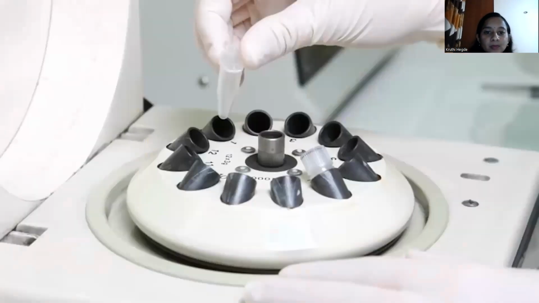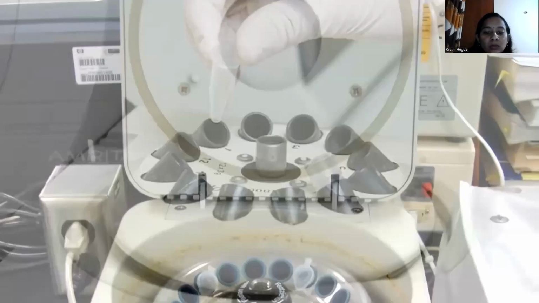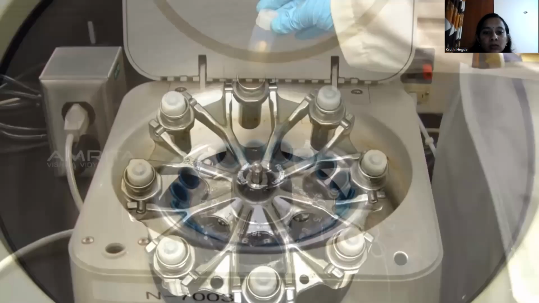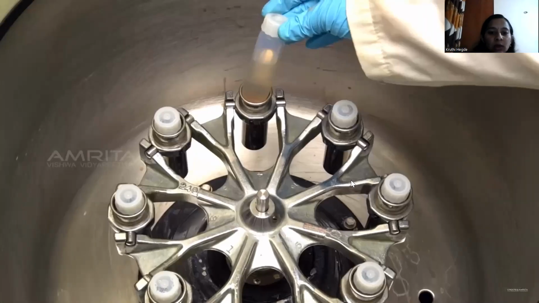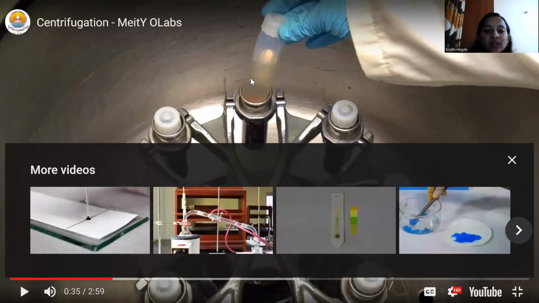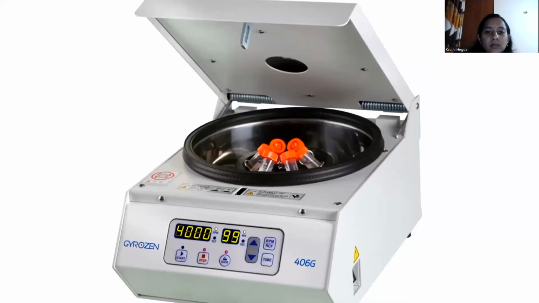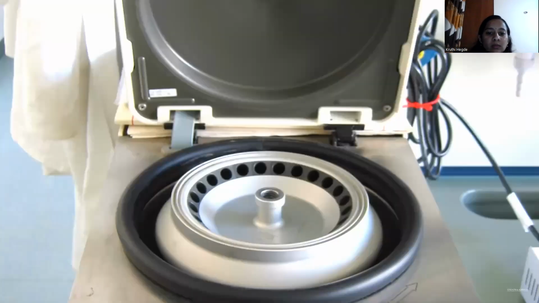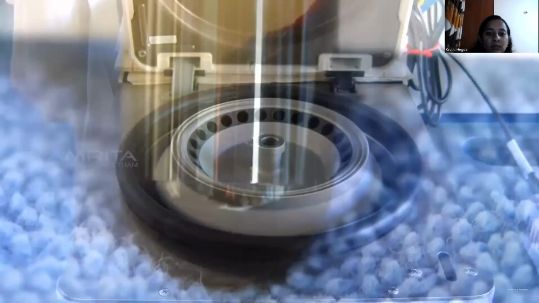Centrifugation is based on size, shape, density of the particles, viscosity of the medium, and these images are all of centrifugation machines of different size or different design, but they are all centrifugation machines. Speed of rotation. The principle of centrifugation is that when spun rapidly, the denser particles are forced to the bottom and the lighter particles stay at the top.